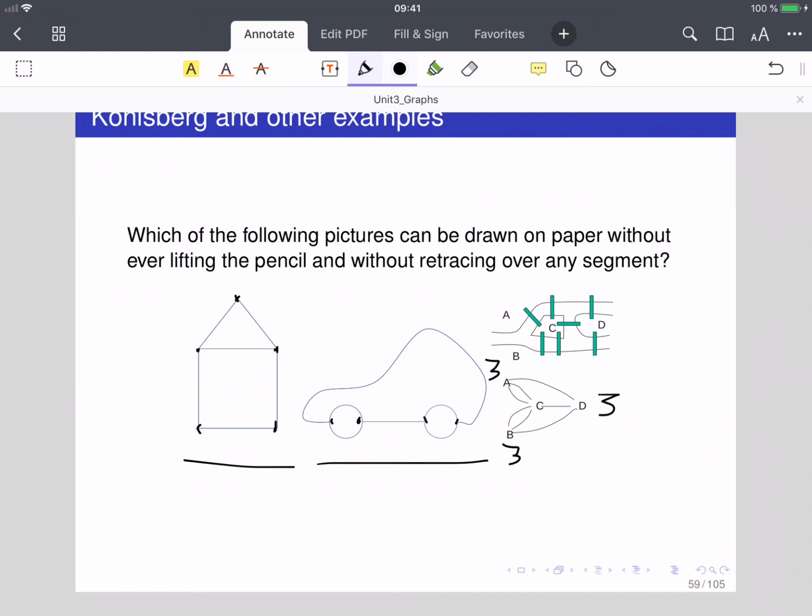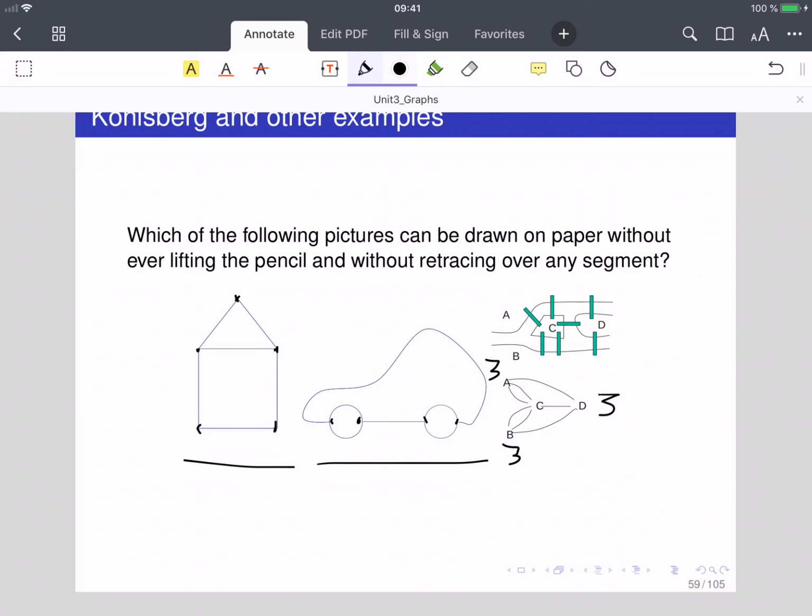Okay, so now we have at least 3 vertices with odd degree. So this graph cannot have a path that follows all the bridges, all the edges once and only once. From the results that we have just stated, it is impossible to find a path of such property.